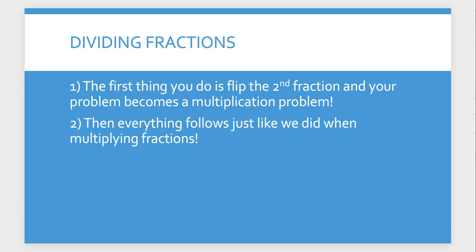So you make it the inverse, the reciprocal, and then the division becomes multiplication. Why? Because dividing by any number is the exact same thing as multiplying by its reciprocal, by multiplying by its flip. Once we do that and we have a multiplication problem, everything follows just like in the last example.